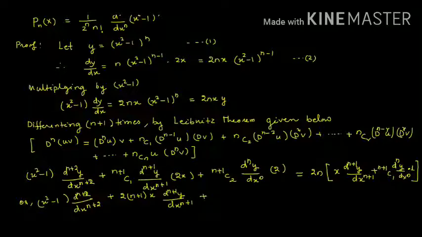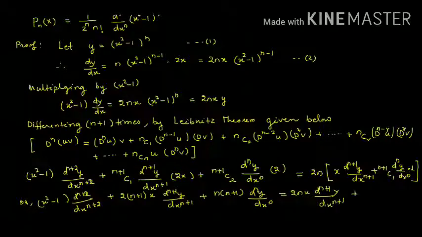It can be determined, that is n into n plus 1 divided by 2, and here 2, this will cancel. So this becomes n into n plus 1 dn y by dxn, that is equal to 2nx dn plus 1 y by dx n plus 1 plus 2n into n plus 1 dn y by dxn.